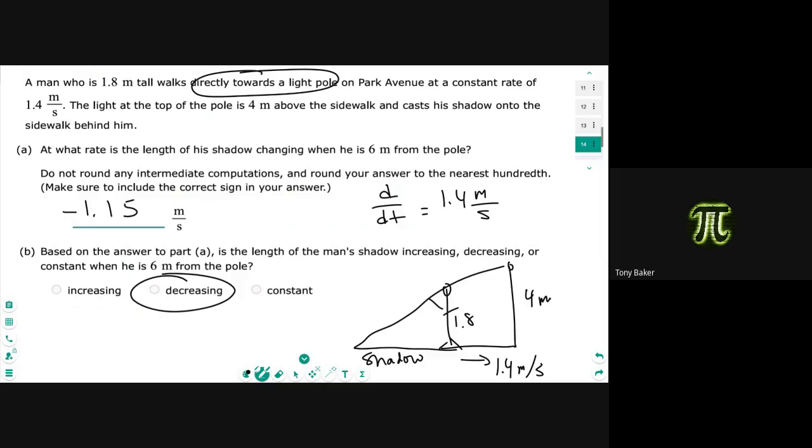It's totally based off the sign. And if you think about it, the closer you get to the pole, less of the light's hitting you. When you're at the pole, your shadow's going to be zero. So it makes sense that as you're getting closer, the shadow is getting smaller.